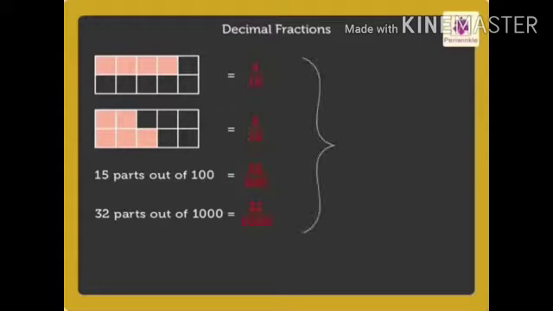Such fractions are called decimal fractions. Thus, a decimal fraction is a fraction whose denominator is either 10 or 100 or 1000 or a power of 10. Kids, these decimal fractions can be represented in another form.